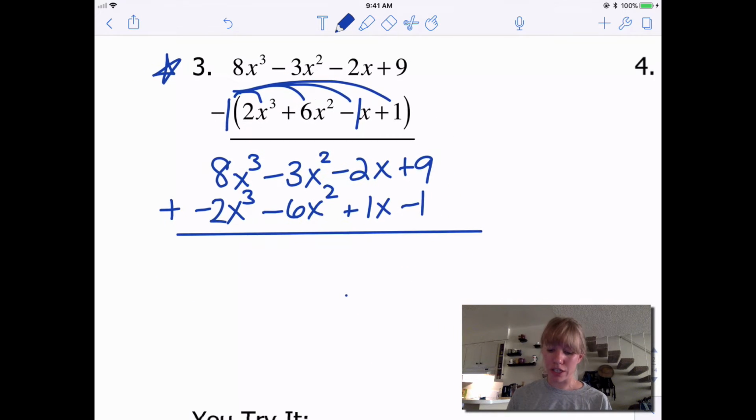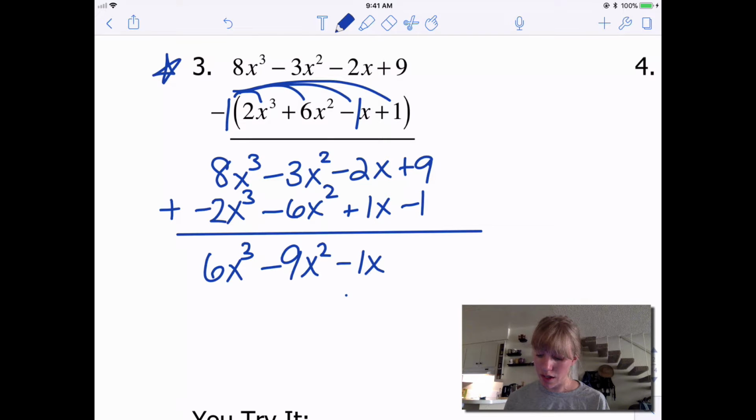This is lined up just like I want it to be. So I get 6x cubed. The x cubes stay because I'm only changing the coefficients. Negative 3x squared plus negative 6x squared is a negative 9x squared. Negative 2x plus 1x is negative 1x.